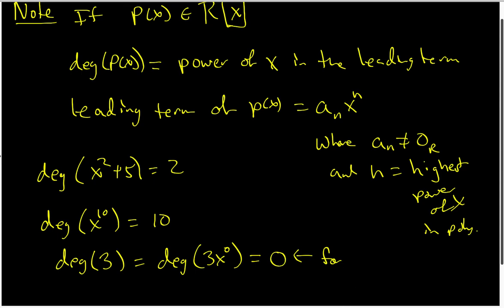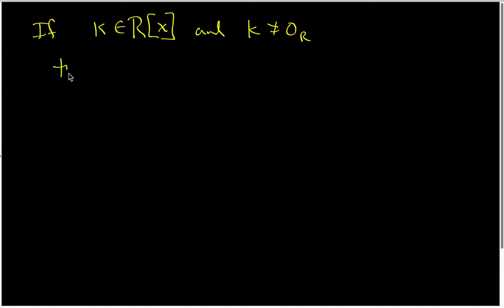So let me write this down, since 3 is not equal to 0. In other words, we have this important phenomenon: if k is a nonzero constant polynomial in the ring of polynomials over R, then the degree of that polynomial is going to be 0.